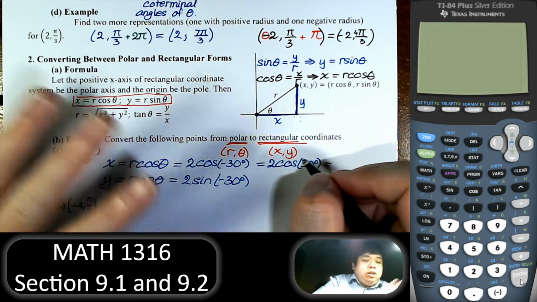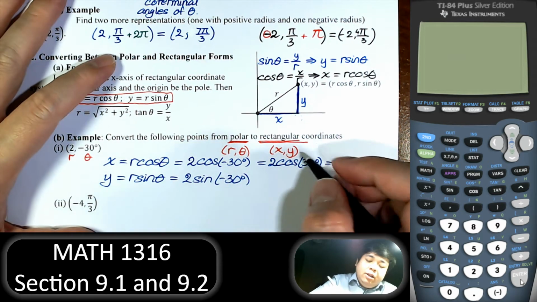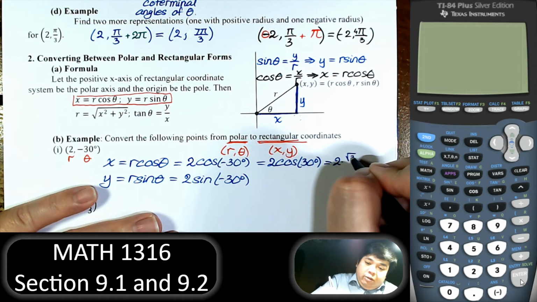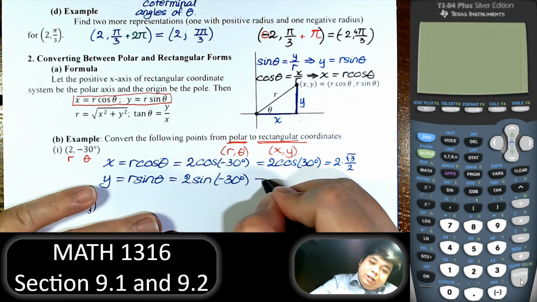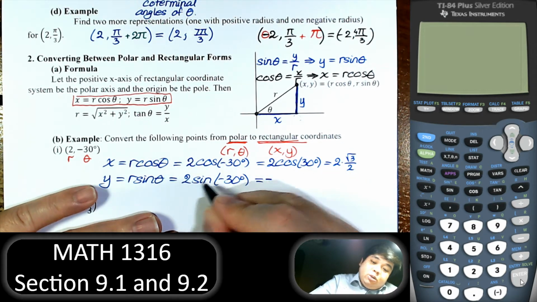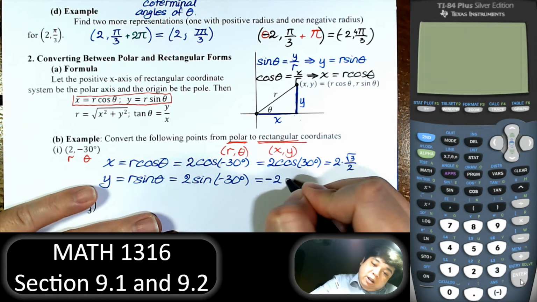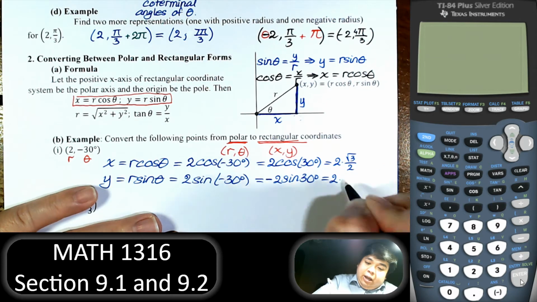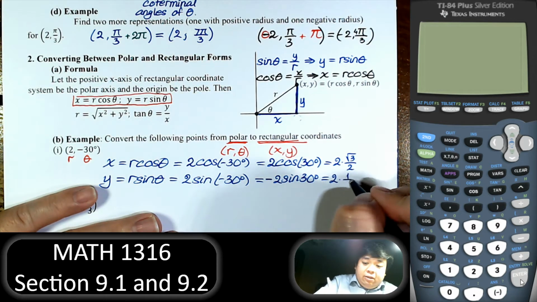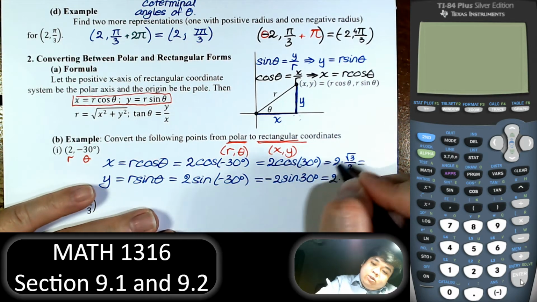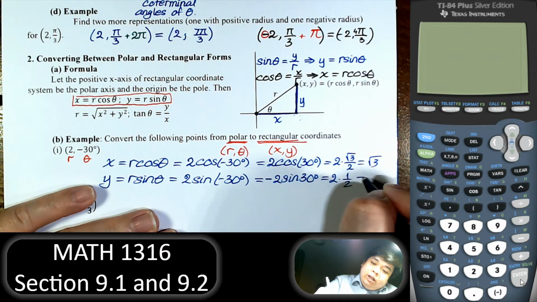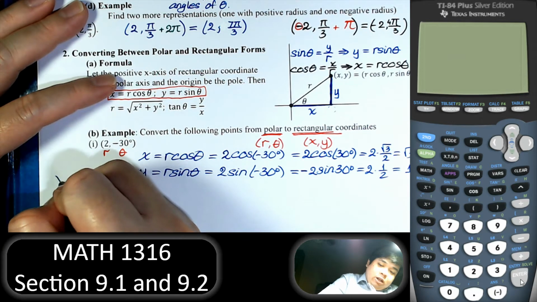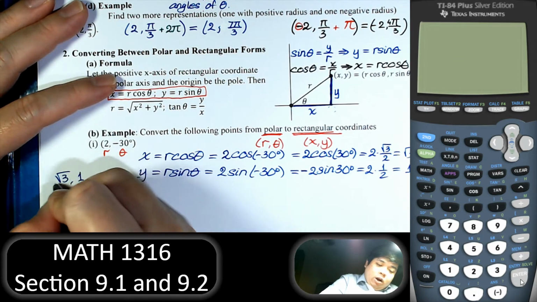Cosine of 30 degrees is square root of 3 over 2. And sine is an odd function, so sine of a negative is a negative sign. And sine of 30 degrees is 1/2. So cancel the 2, we have square root of 3, and we have 1. So the point in rectangular coordinates is square root of 3 for x and 1 for y.